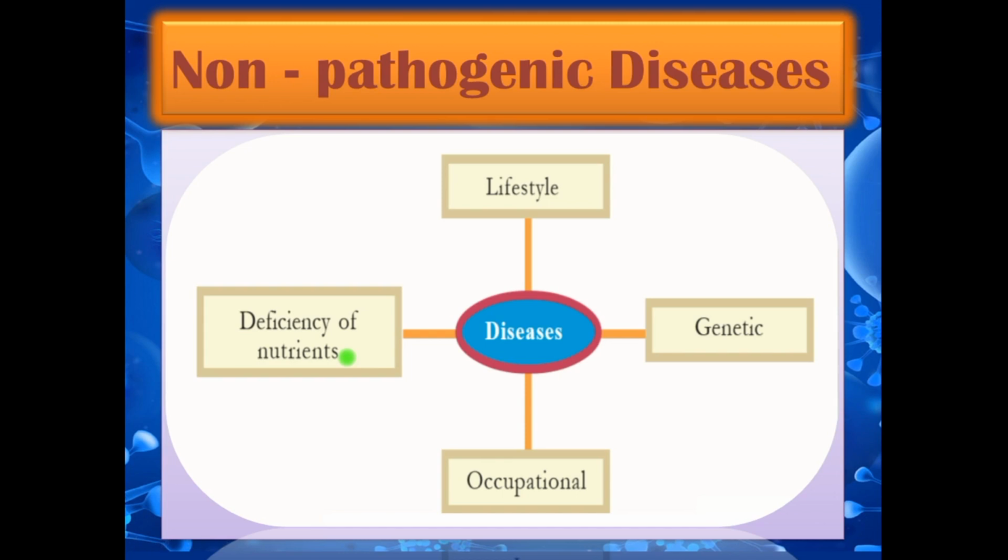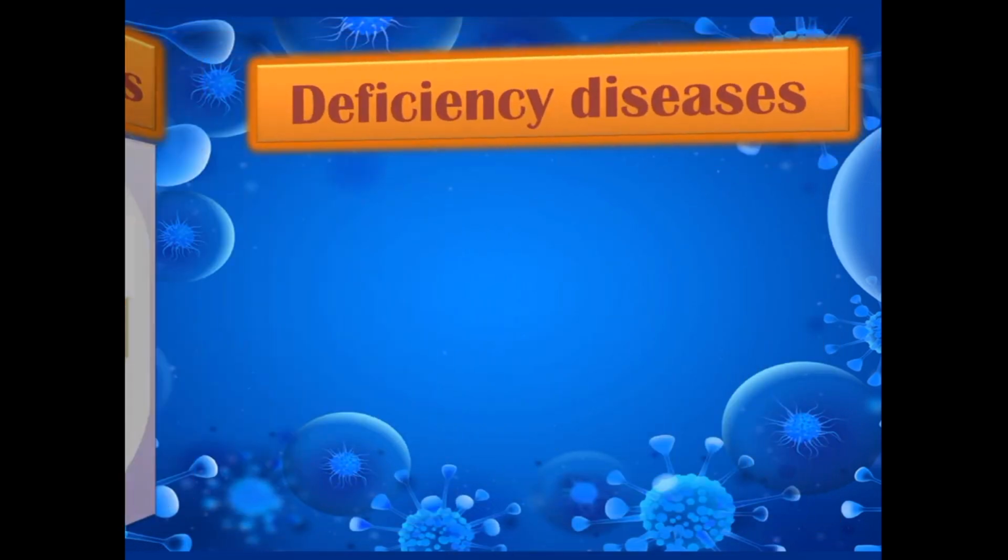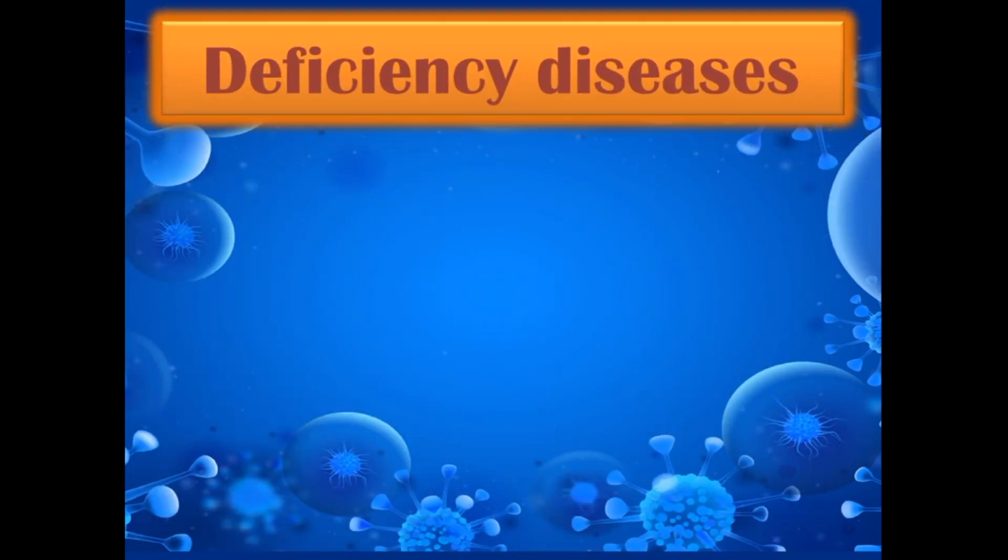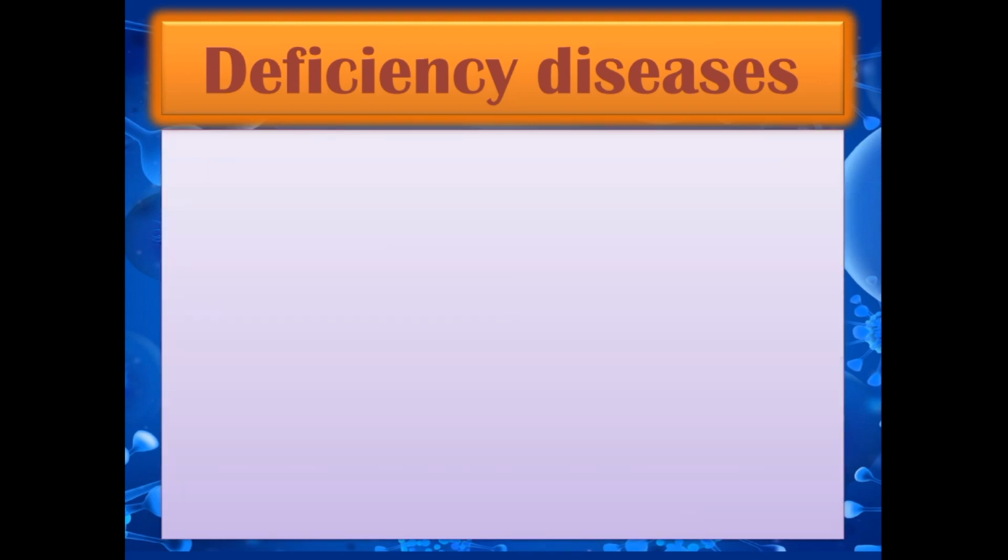Non-pathogenic diseases are broadly classified under 4 major headings: lifestyle diseases, genetic diseases, occupational diseases, and deficiency of nutrients, that is deficiency diseases. First of all, deficiency diseases. You are familiar with many deficiency diseases. For example, goiter.